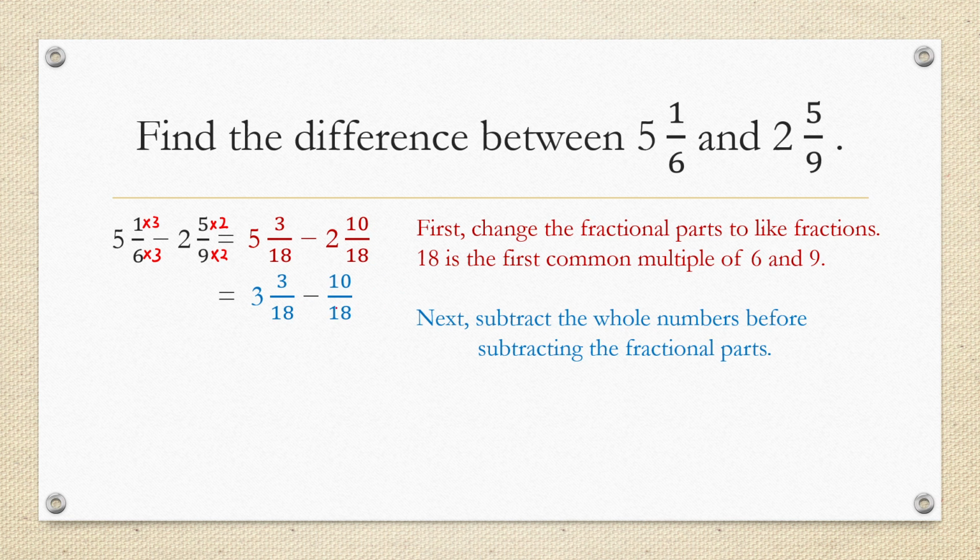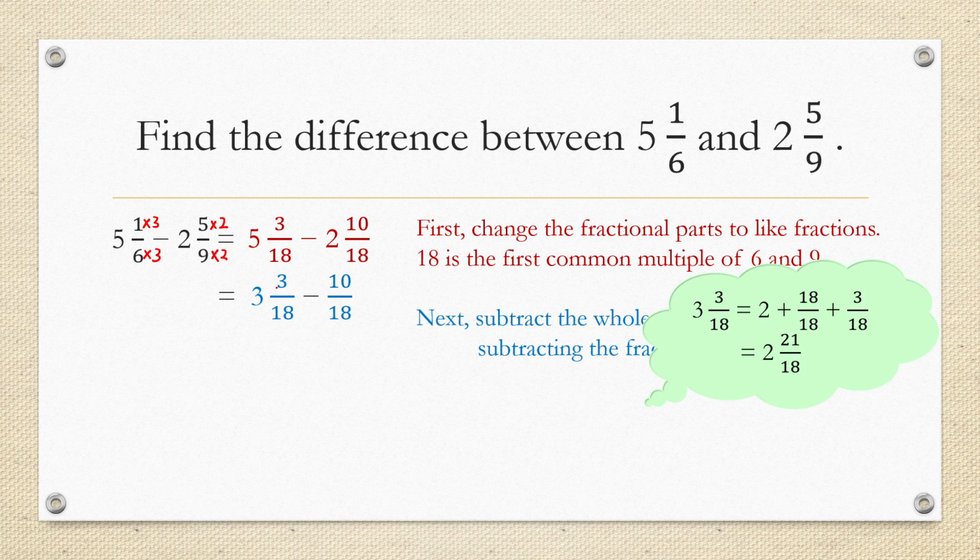It's going to be a little bit hard for this part because 3 parts cannot subtract 10 parts. So what we have to do is regroup one whole over here into 18/18. So 2 wholes plus 18/18 is the 3 wholes over here, and this is just the 3/18.